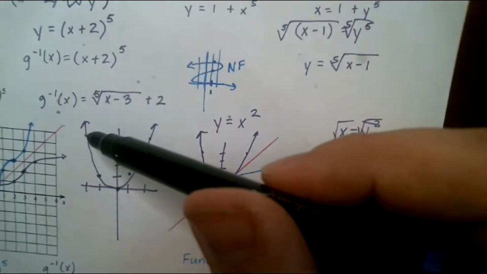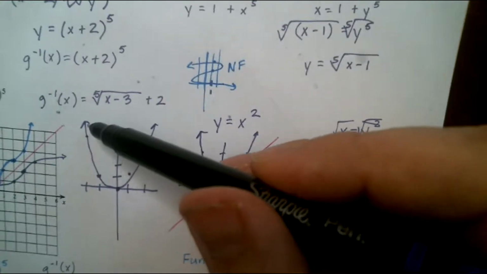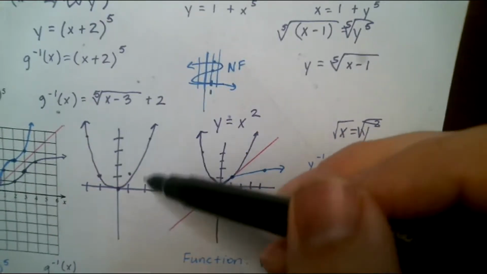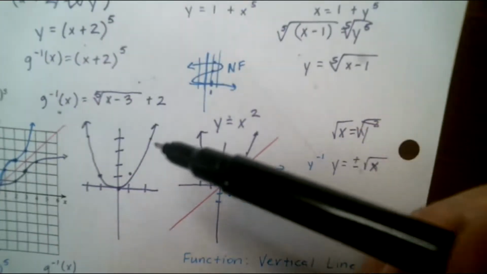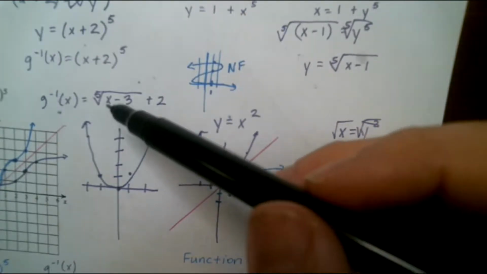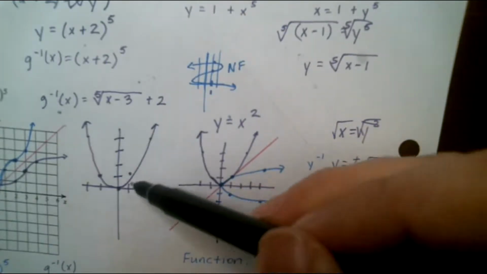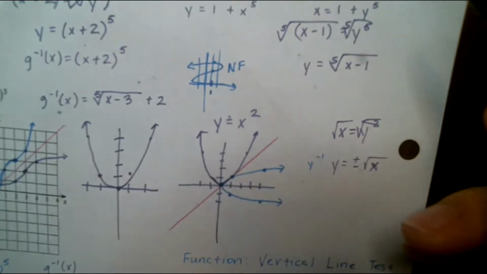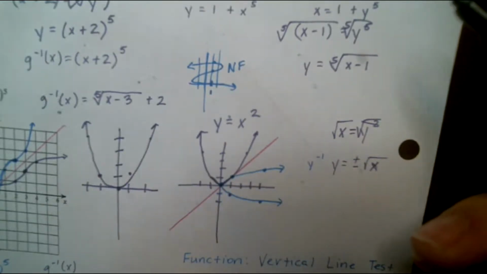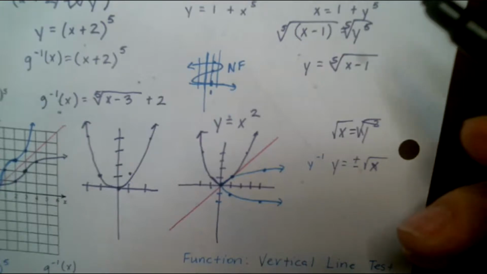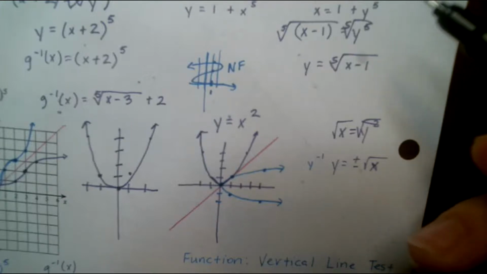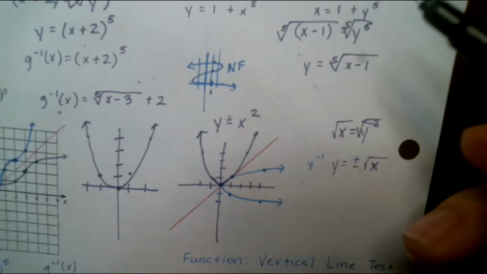So if the vertical line test will tell me no x repeats, then what test could I do to determine if the inverse of this function is a function? Good, Christina. Good, Caitlin.